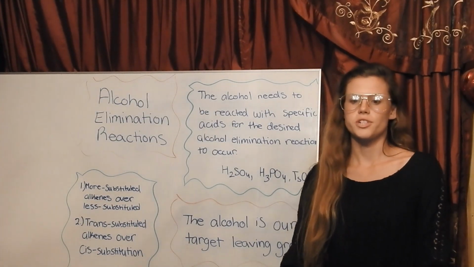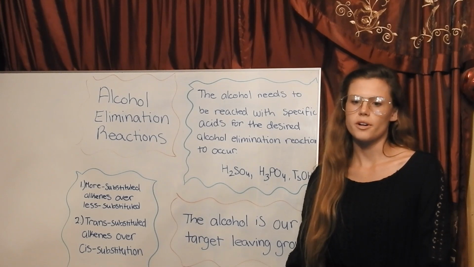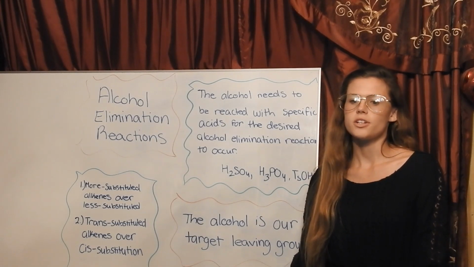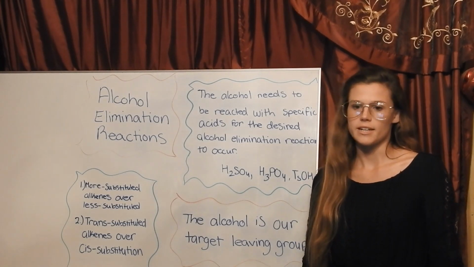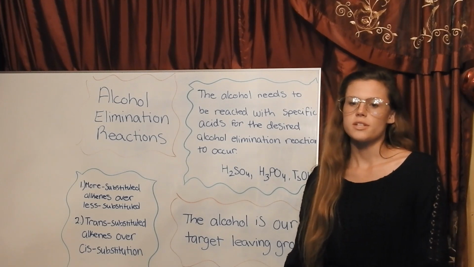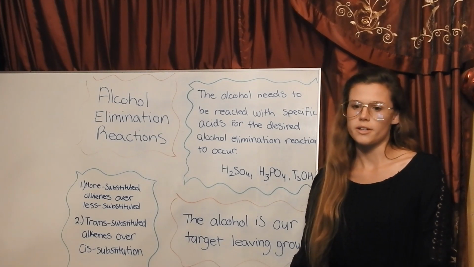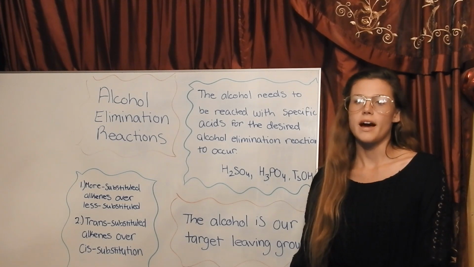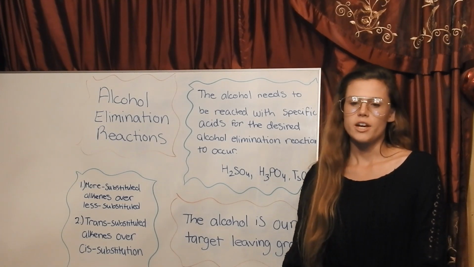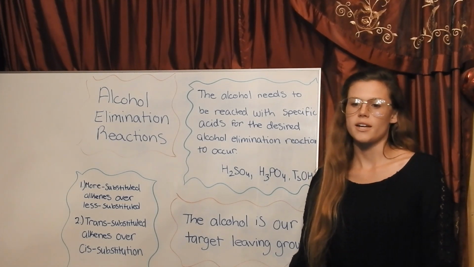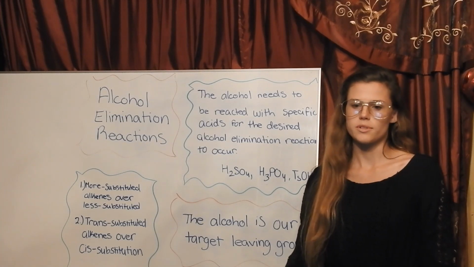So in conclusion, to take off a part of the compound that is a good leaving group, eliminating it, this often results in the formation of a double bond. So we often form an alkene, a carbon-carbon double bond, as seen in the previous examples.